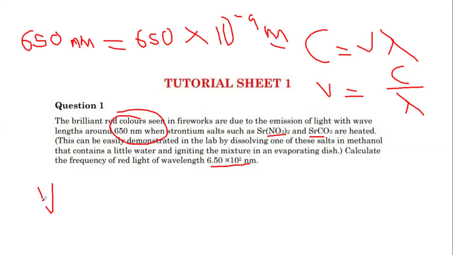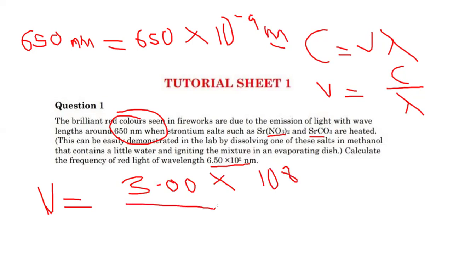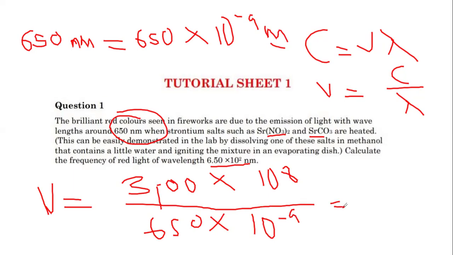So frequency will just be equal to what? Just equal to 3.00 multiplied by 10 to the power 8, which is the speed of light, divided by 650 multiplied by 10 to the power minus 9. Okay, so what do you get there?